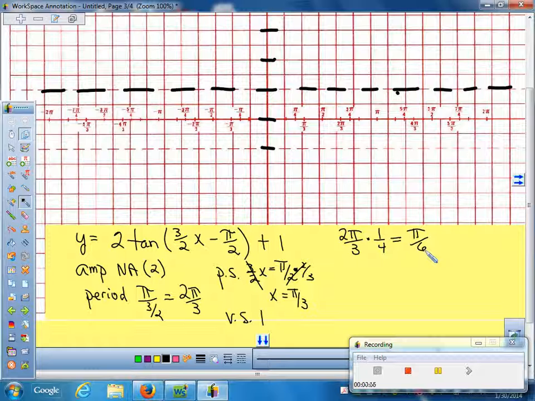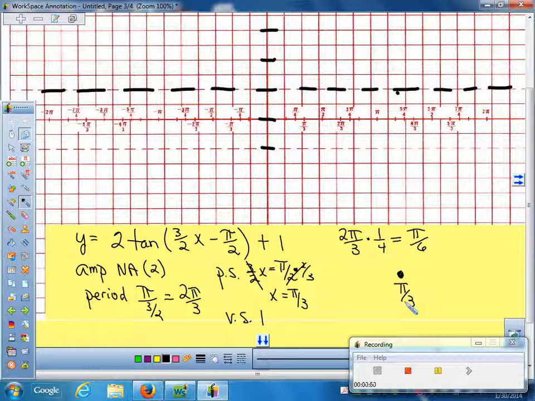The center is normally at 0, so the center is at pi over 3 now. So when you're doing this, the phase shift is the center point. So where do you need your other 4 points to go? You need 2 of them on the right, and you need 2 of them on the left, because that's the middle. So you're going to add pi over 6, and you subtract pi over 6 to go to each side.